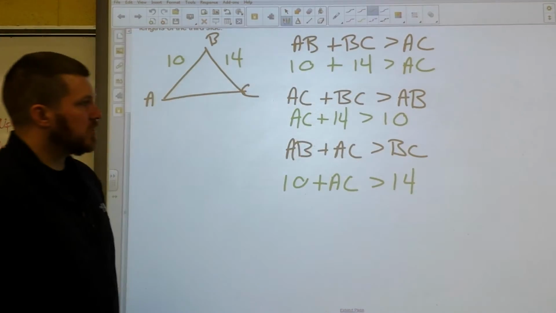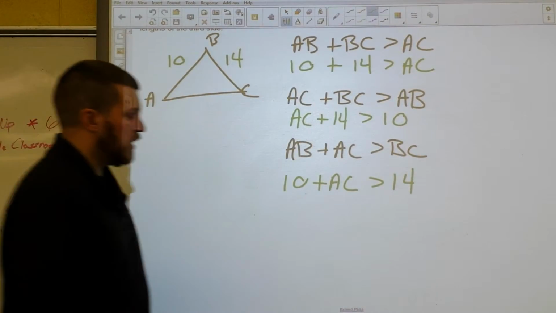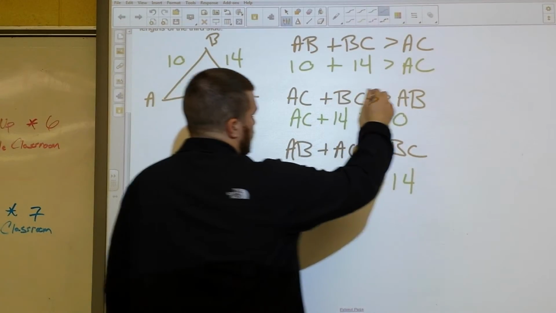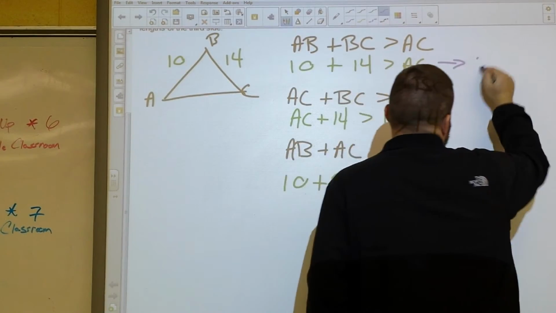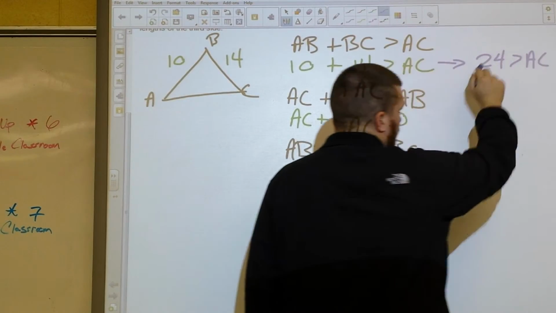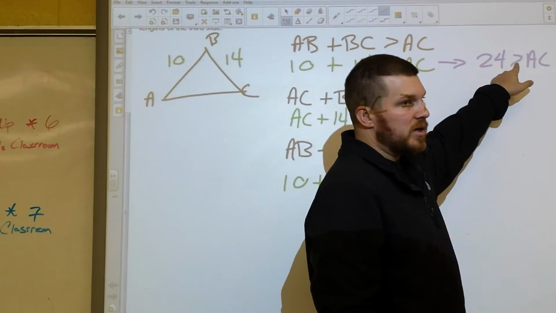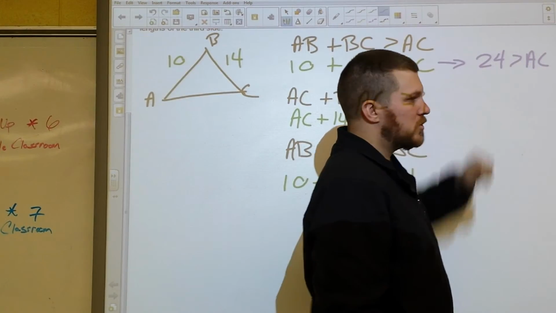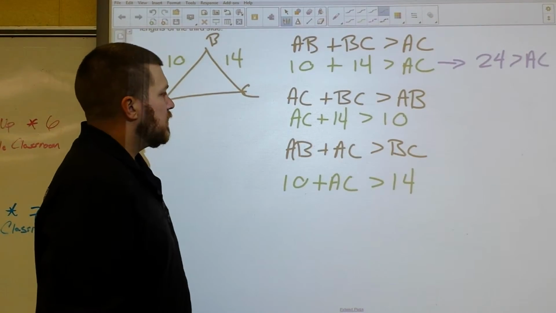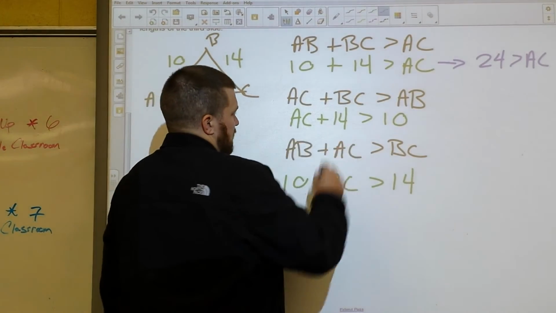So what I essentially want to do is to simplify and solve each of these. So 10 plus 14 is 24, so I know from this one that AC is smaller than 24. Again, you've got to follow the inequality. So AC is smaller than 24. That's one of the things I know about this side. All right? Now here, I want to get AC by itself.